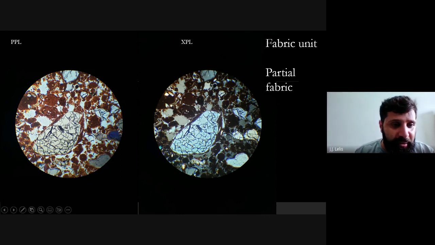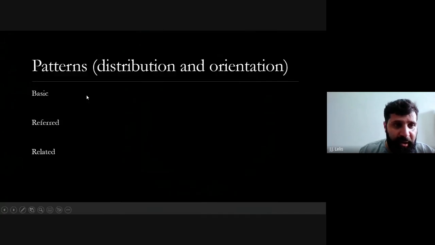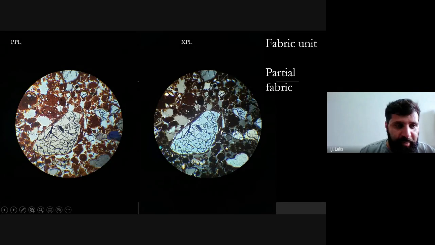So I can't compare the distribution of this specific coarse grain with these coarse grains because they do not compose the same partial fabric. So again, the basic pattern is a comparison between fabric units that compose the same partial fabric. Okay.